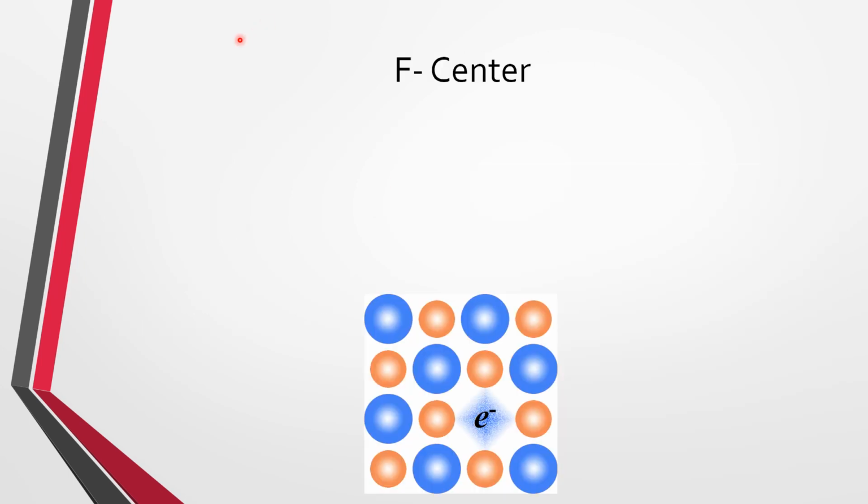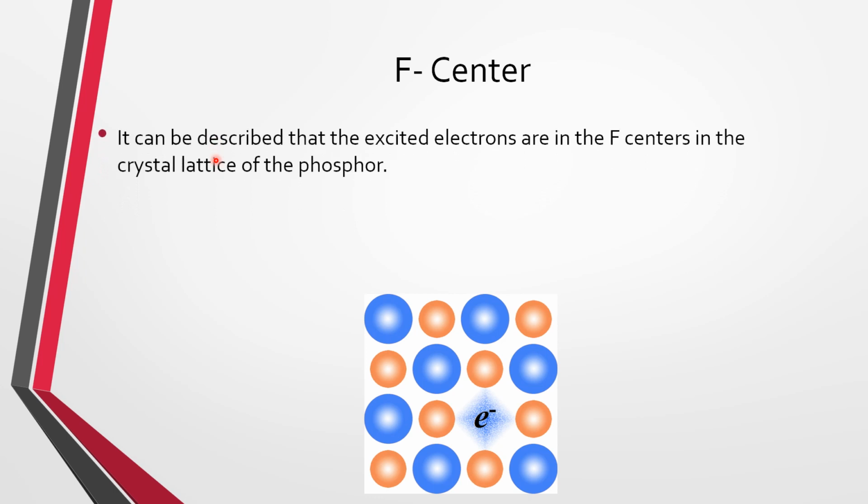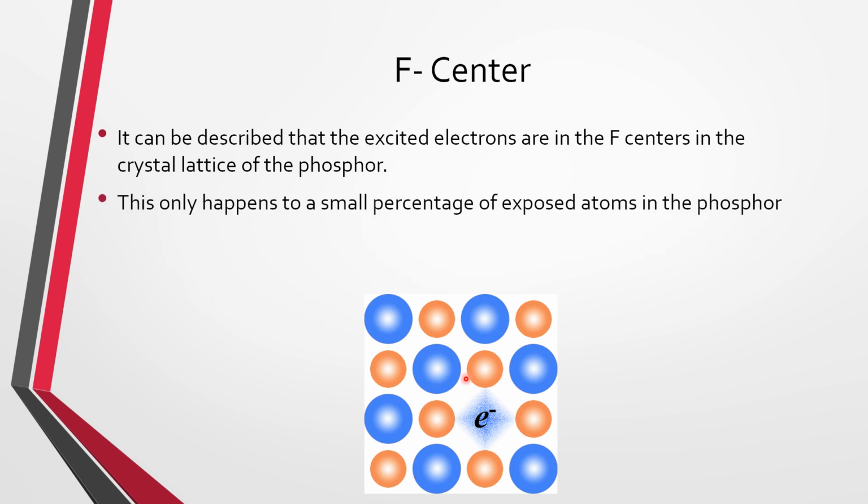There's a concept called an F center, which has to do with the phosphor. It can be described that the excited electrons are in the F centers of the crystal lattice of the phosphor. So this would be a lattice. This only happens to a small percentage of exposed atoms in the phosphor.